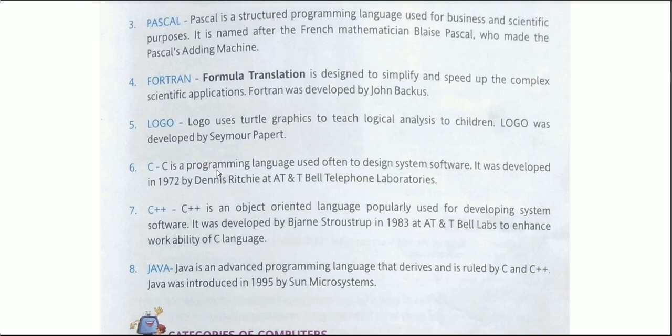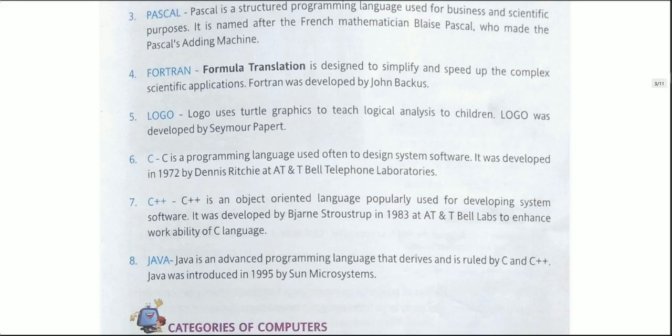Getting the point? C is a programming language, C++ is an object-oriented programming language, but anyhow C++ is an advanced version of C. In the next class, when you will be in the 7th class, you might have some programs regarding C++. Now coming towards the eighth one, that is Java.